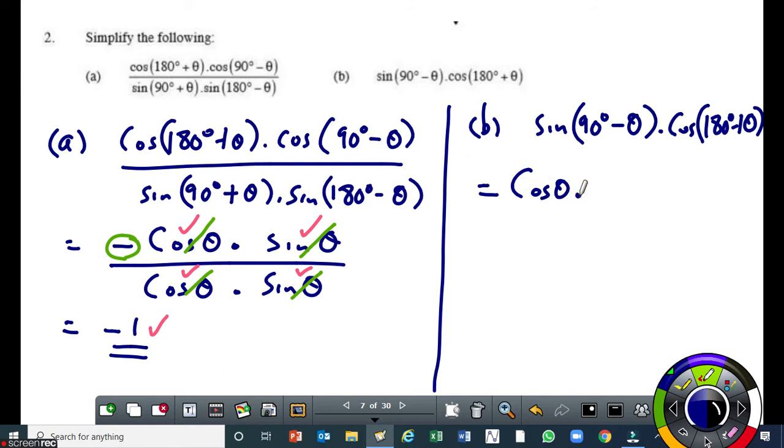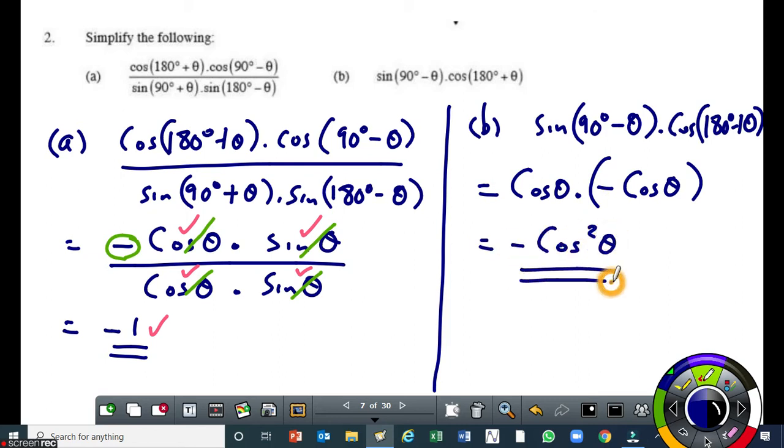Times, what is cos(180 plus theta)? It's in the third quadrant. It will be negative cos theta. So I can put that in brackets. Then you multiply that cos theta times the negative cos theta, you get your final answer as minus cos squared theta. And then you're done.